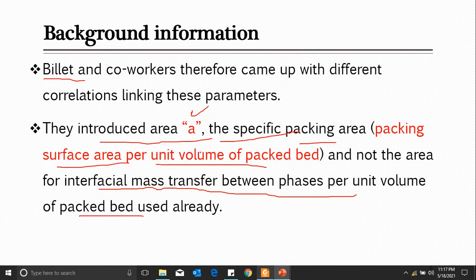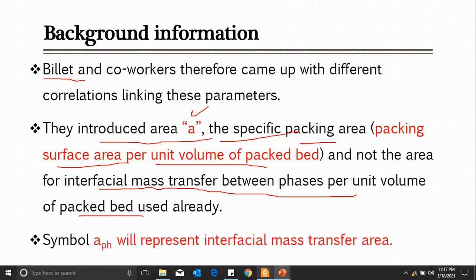But here this is a small difference from that a. Wherever the interfacial area appears in those equations, it is represented with a_ph, the interfacial mass transfer area between the liquid and the vapor phases.